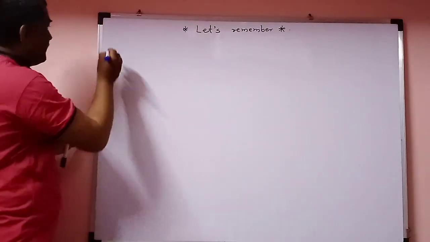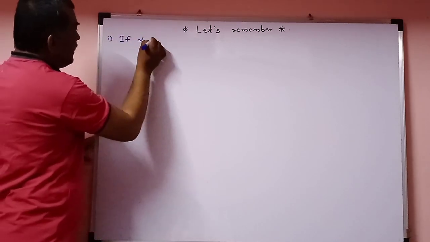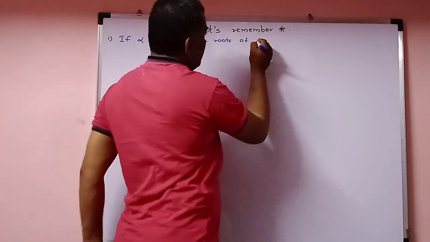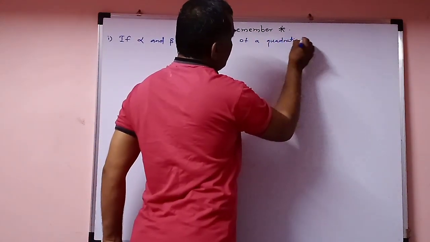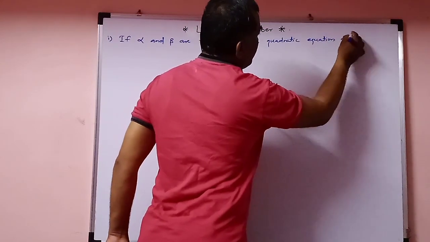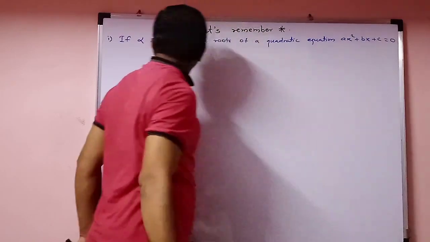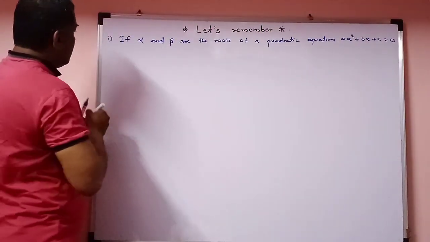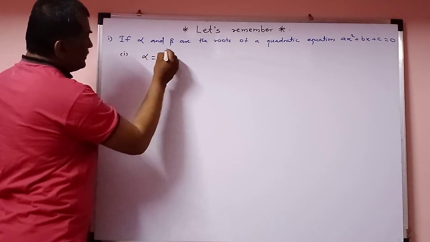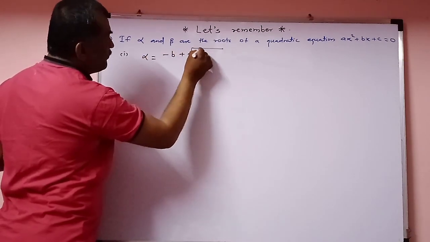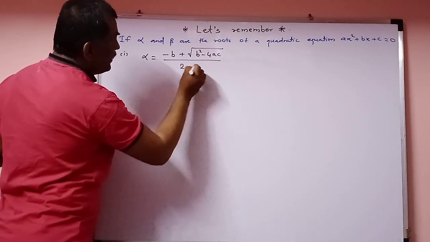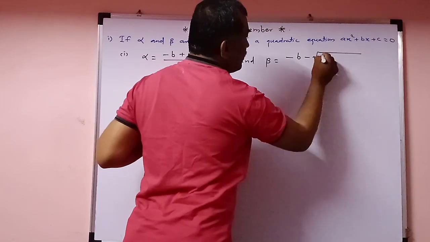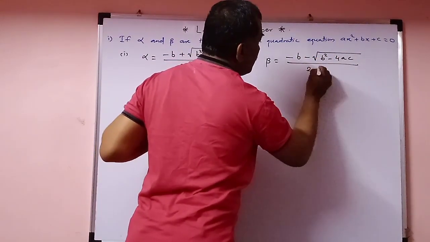Let's remember मध्ये फर्स्ट पॉइंट आपण या ठिकाणी काय शिकलो पाहता. If alpha and beta are the roots of a quadratic equation ax square plus bx plus c is equal to 0, तर त्याच्यामध्ये फर्स्ट पॉइंट आपण पाहिला पहा. अल्फा इज इक्वल टू minus b plus square root of b square minus 4ac upon 2a and बीटा इज इक्वल टू minus b minus square root of b square minus 4ac upon 2a.